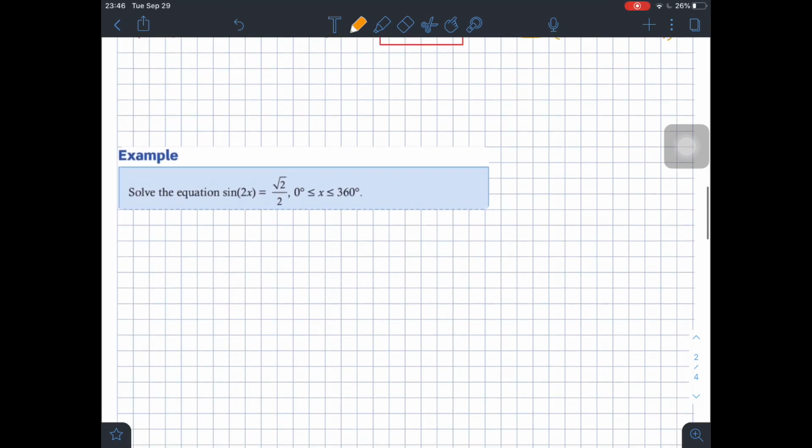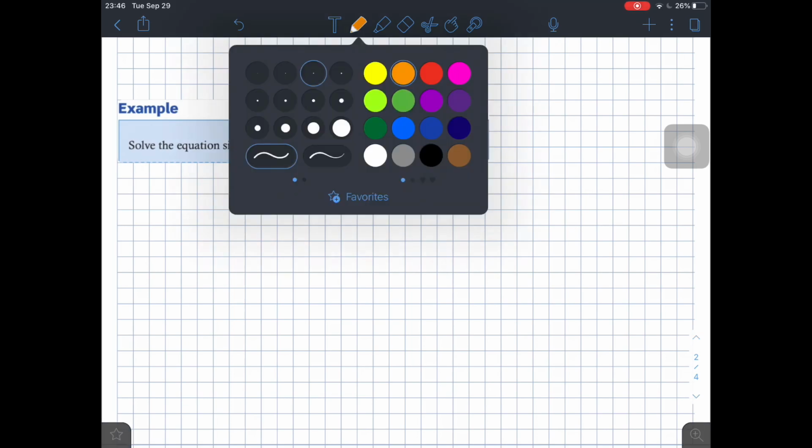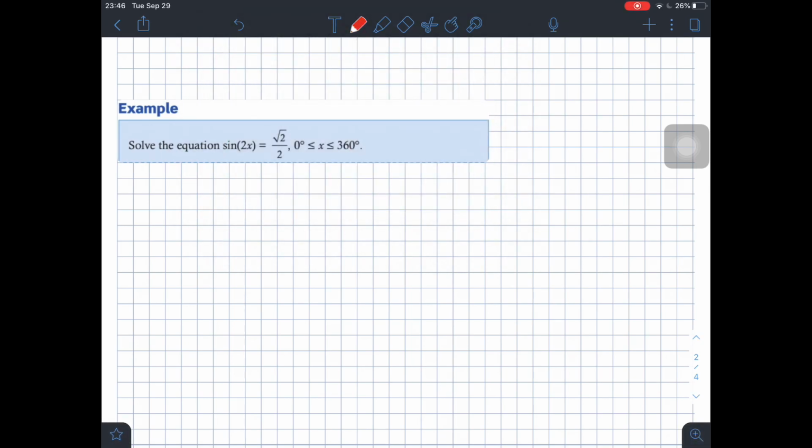Now let's see the following. It says, solve the equation sine of 2x equals root 2 over 2 for this interval, from 0 to 360 degrees. So we're talking about one full rotation again. So first thing I see is that root 2 over 2 is a positive value. So remember, sine has a positive value in quadrants 1 and 2, right?